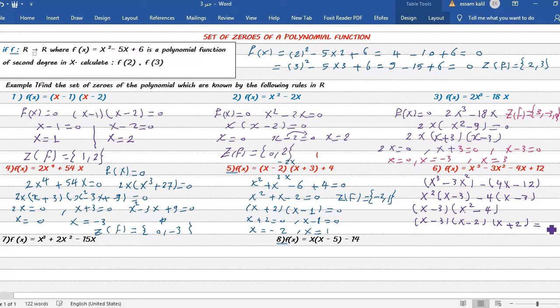Equal what? Equal 0. Then x minus 3 equals 0.